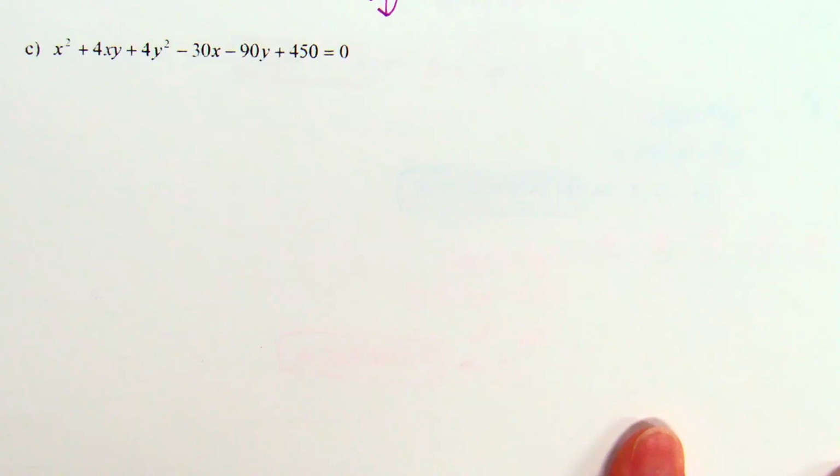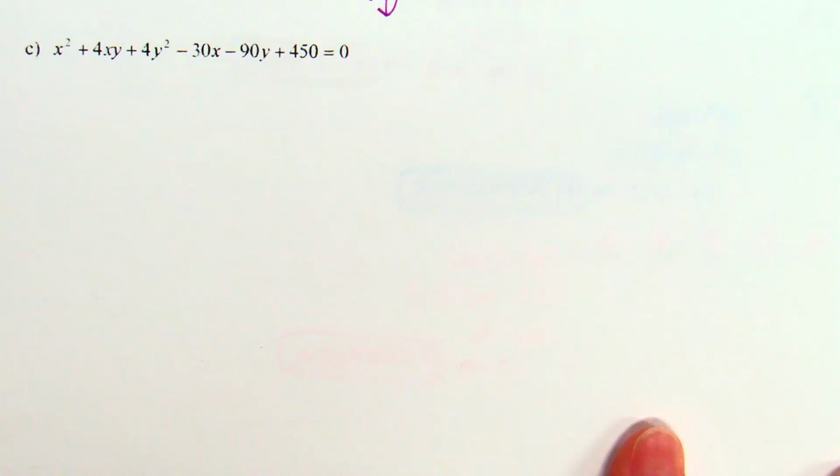So, what do I have in the way of y squared terms? We just have a 4y squared. Plus, now I want any y terms, anything that has a y in it.